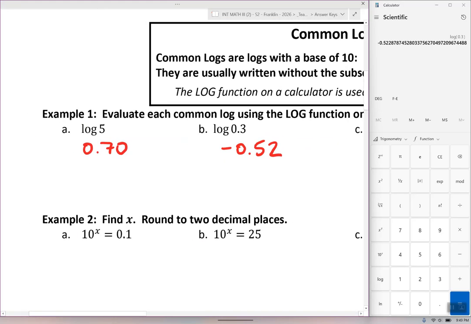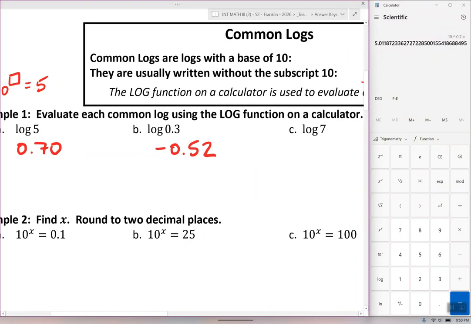So the log of 5 is the exponent needed to make 10 into a 5. If I go in my calculator and put 10 to the 0.7 power, now I rounded this, so it's going to be approximate. It gives me 5.011. Because I rounded, it's not exactly 5, but you see it equals 5.